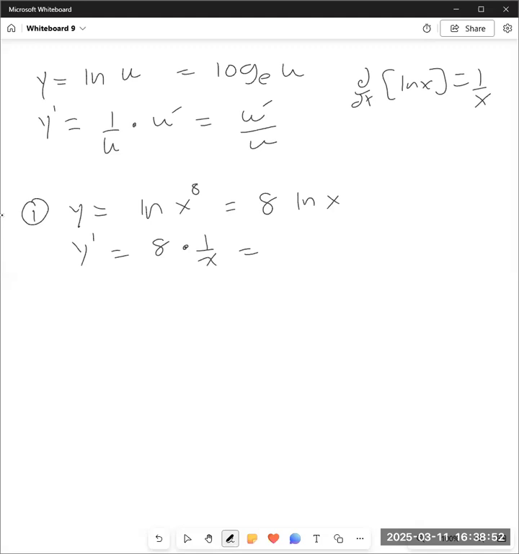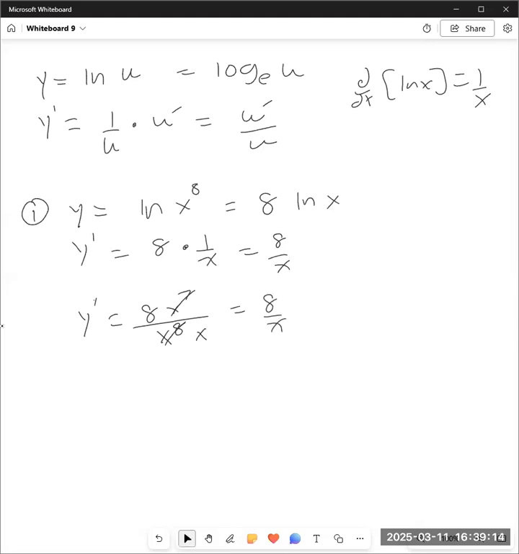So this is 8 over x. If you wanted instead to say that u was x to the 8th, and u prime was 8x to the 7th, then you would cancel and you would get 8 over x.